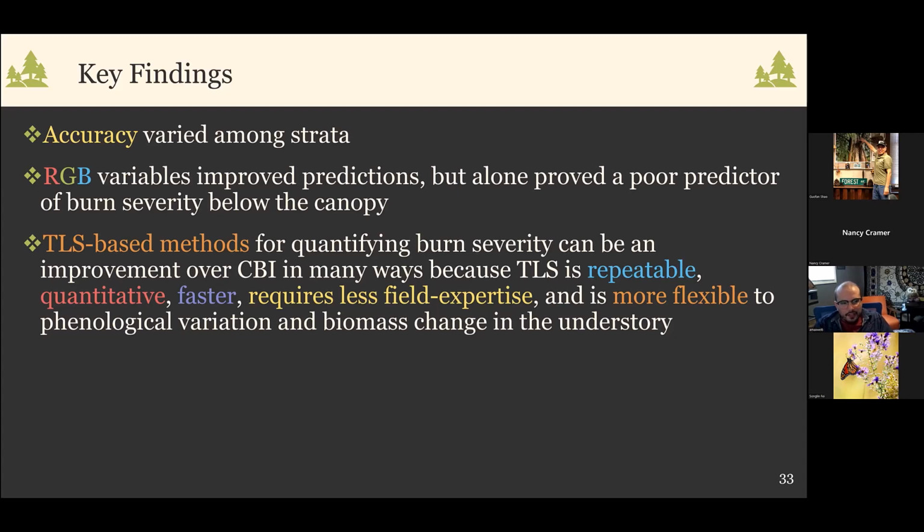We did find that incorporating the RGB data helped the model perform better, but it didn't perform well on its own. So having the information on the Z, or the heights summarized, is very important. The camera data is helpful, but it's not a great supplement on its own.